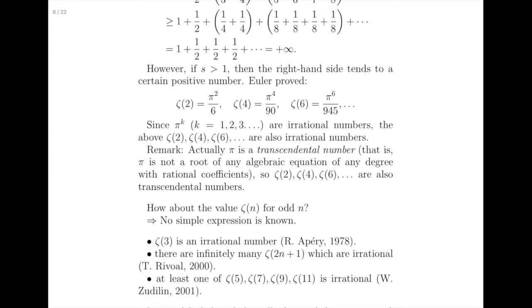And indeed, maybe I will remark that pi is a so-called transcendental number. That is, pi is not the root of any algebraic equation of any degree with rational coefficients. So therefore, zeta of 2, zeta of 4, zeta of 6, all of them are also transcendental numbers. Okay?